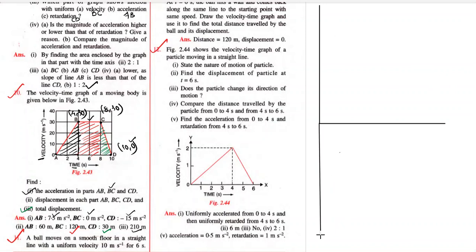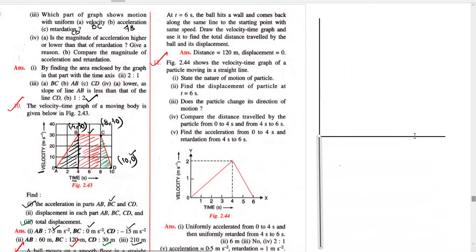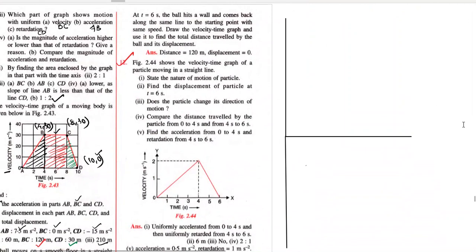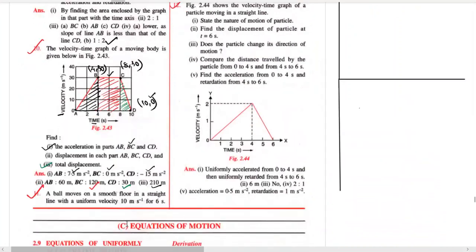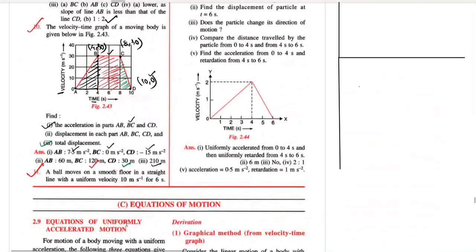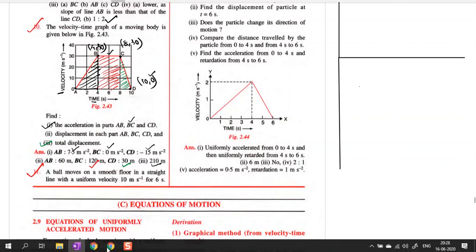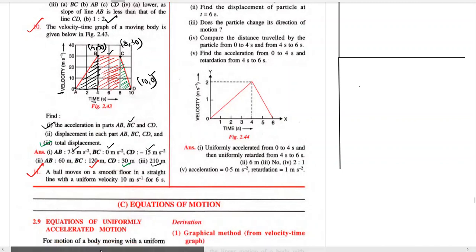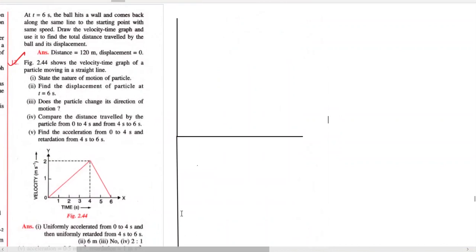And why so, I'll explain to you. So this is the special case. What they are saying in the question is, a ball moves on a smooth floor in a straight line with uniform velocity 10 meter per second for 6 seconds, and at 6 seconds the ball hits the wall and comes back along the same line to the starting point with the same speed. So it will take the same time.